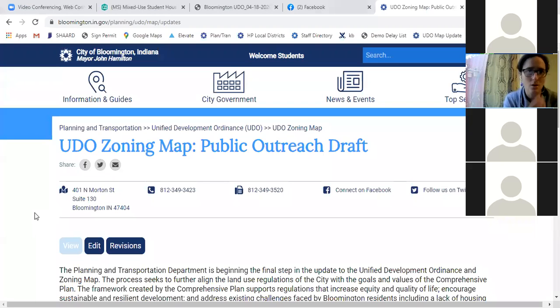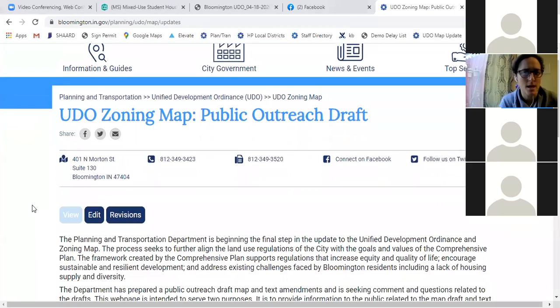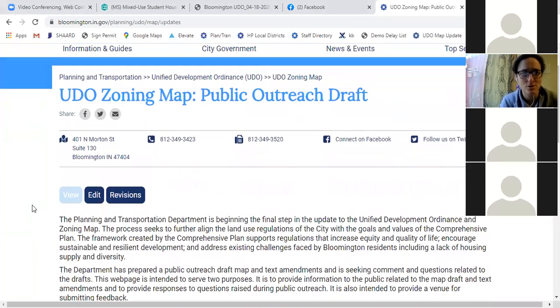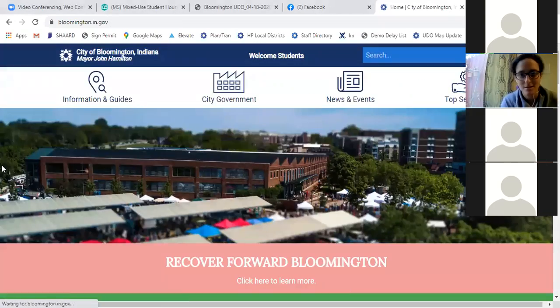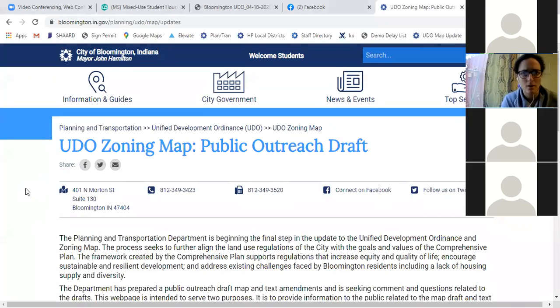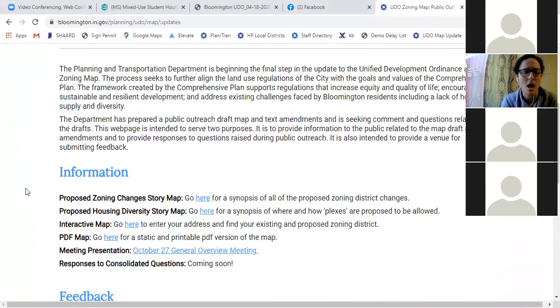This is the website, bloomington.in.gov/planning/UDO/map/updates. This is the editor version, so you won't see those options to change it, obviously. Okay, so here's the website.